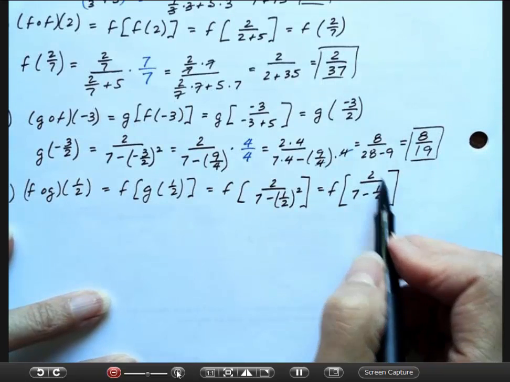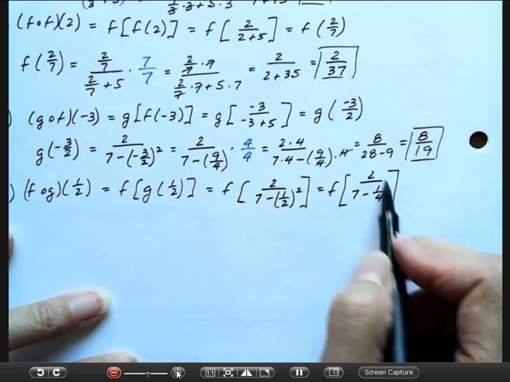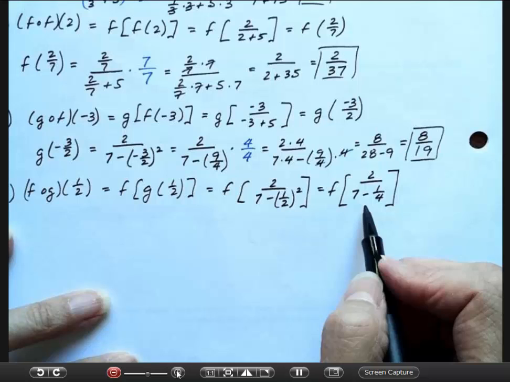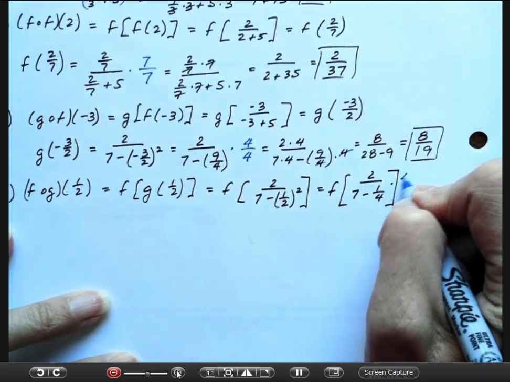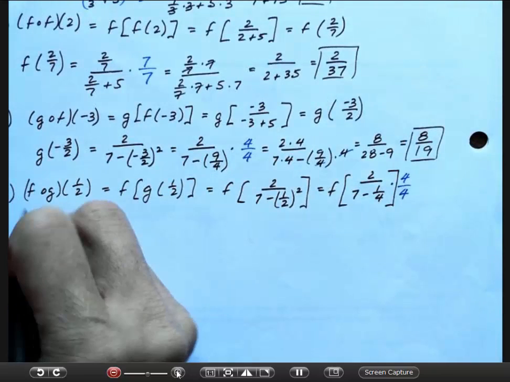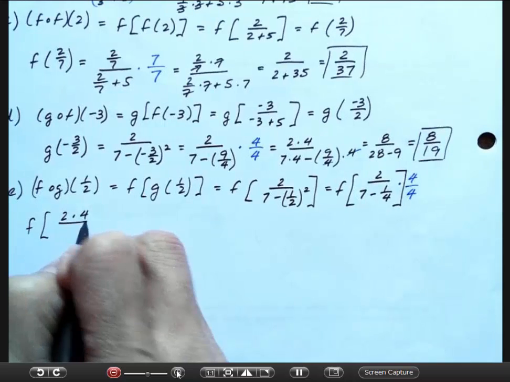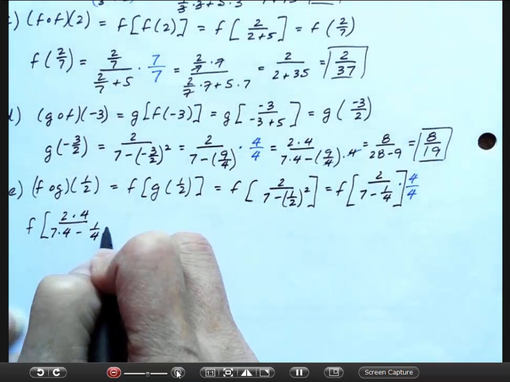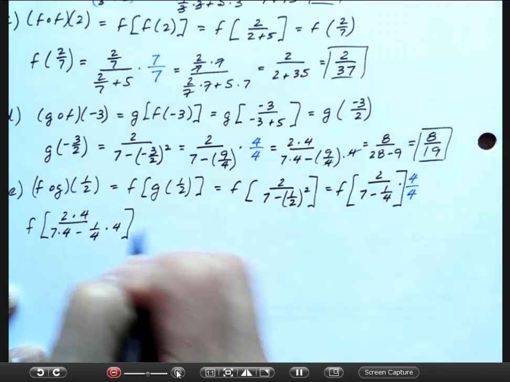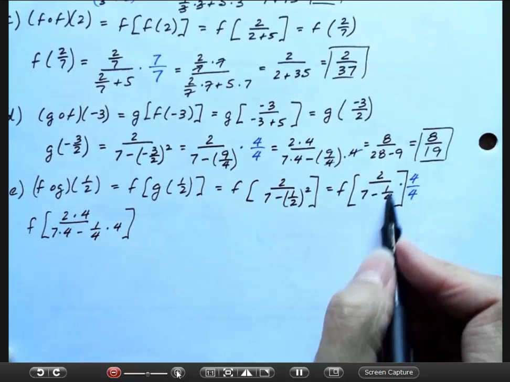I'm going to want to simplify this complex fraction before I put it into my f function, so I'm going to multiply both the numerator and the denominator by 4. So I'm going to be multiplying by 4 over 4. So f of 2 times 4 over 7 times 4 minus 1/4 times 4. So I'm multiplying every term in my complex fraction by 4.